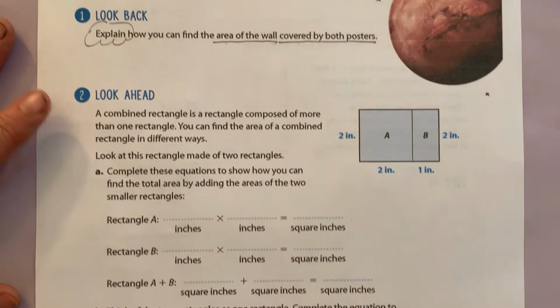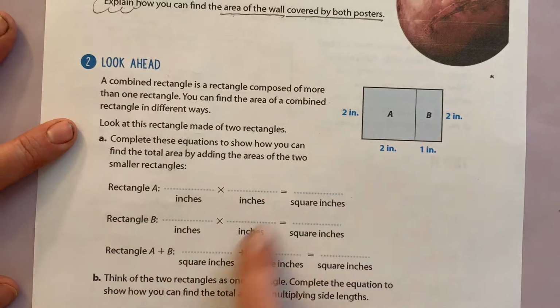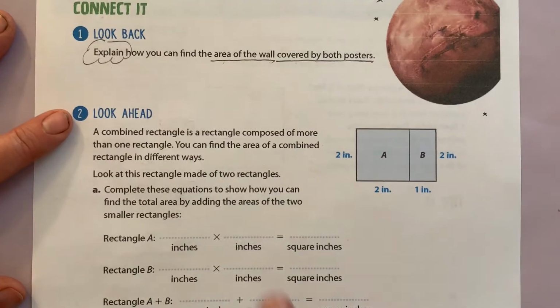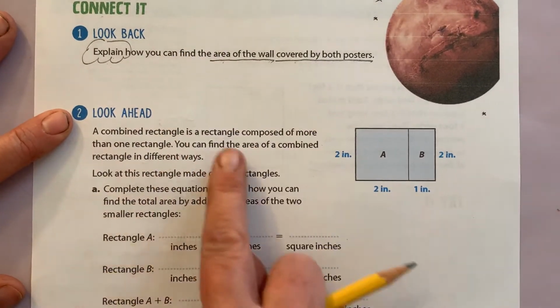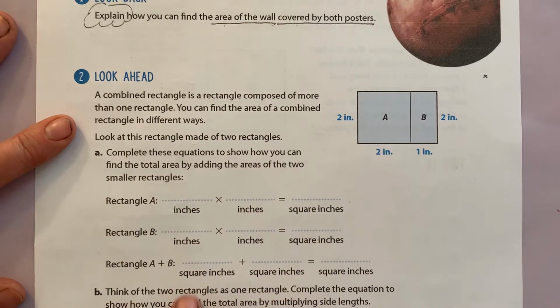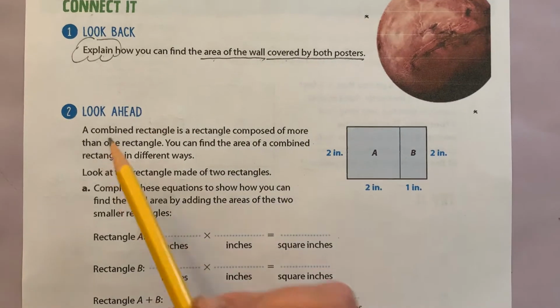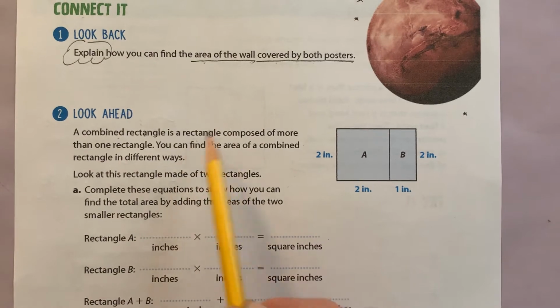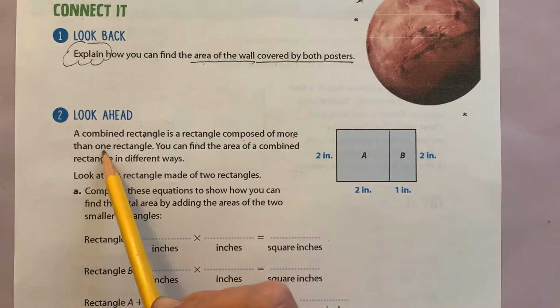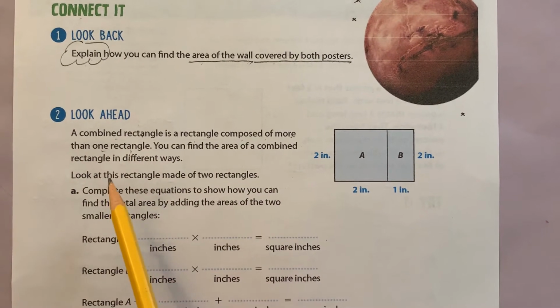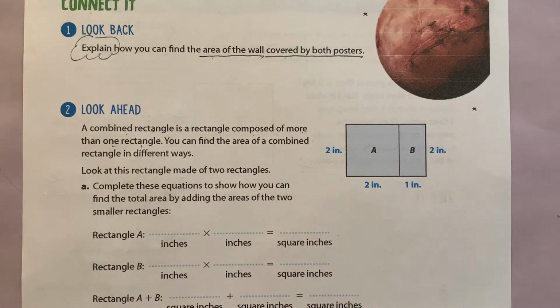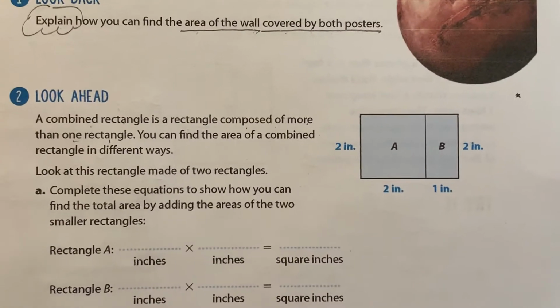Okay, so now that you're back, we're going to go over the 2 different ways you could have done this. So whatever you've put here, we're going to see if it's either your A or your B. Okay. A combined rectangle is a rectangle composed of more than one rectangle. Ooh, that's something important. I'm going to zoom in a little bit, see if you guys can see that.